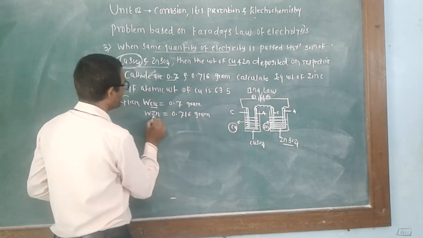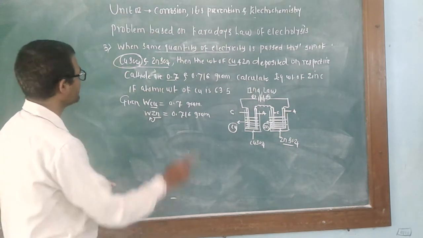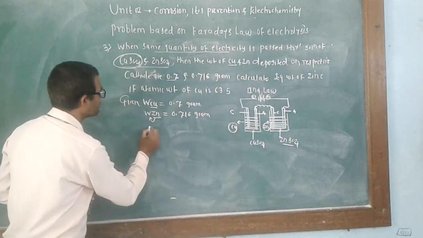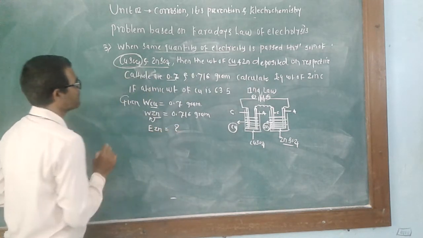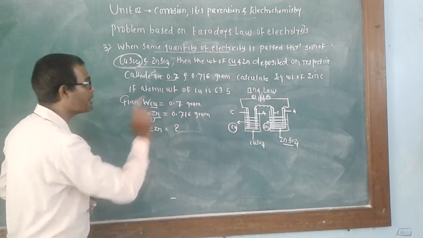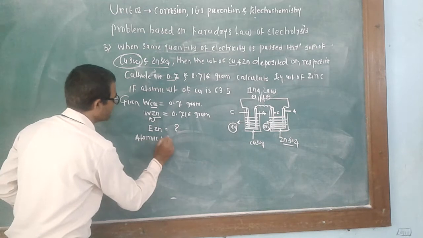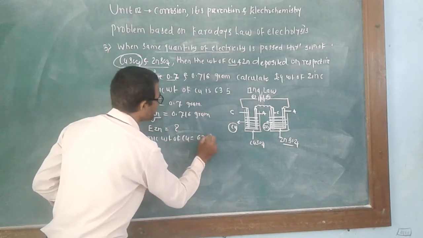That is the weight of zinc deposited on your cathode. Here we calculate the equivalent weight of zinc, so here we are going to calculate the E Zn, and given is the atomic weight of copper, equal to 63.5.